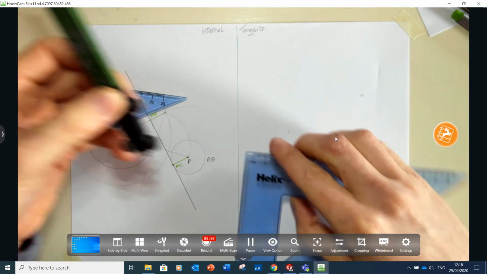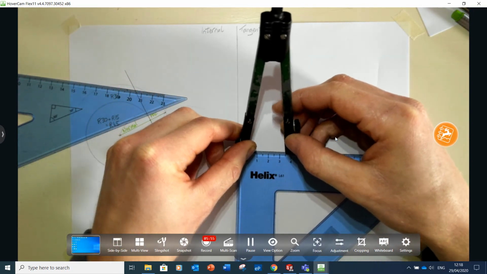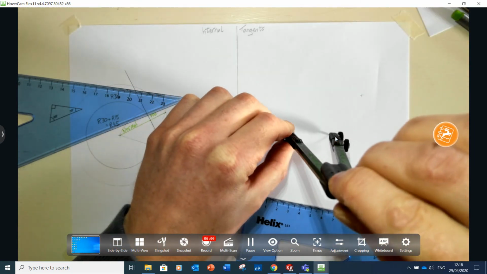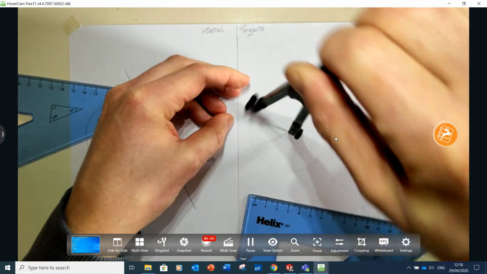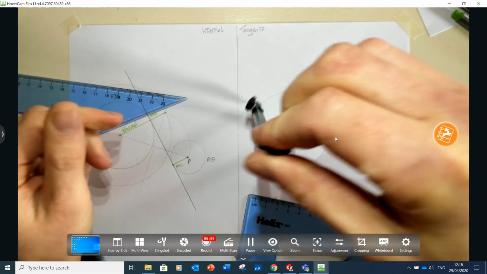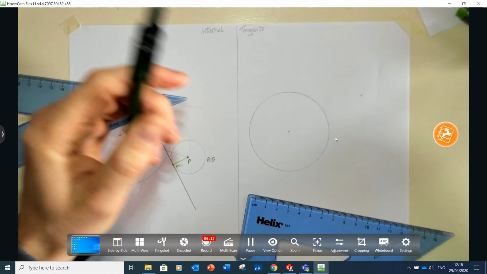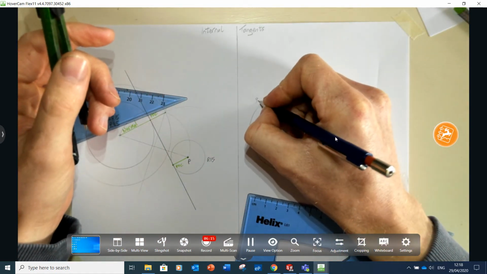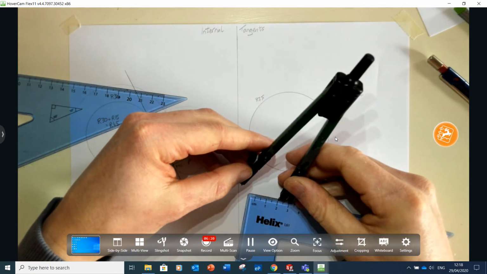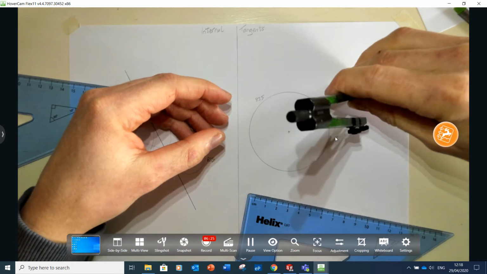So I'm going to go this time now, and I'm going to draw one circle, a larger one, radius 35, so that there is radius 35. And I'm going to draw a smaller circle, radius 20.